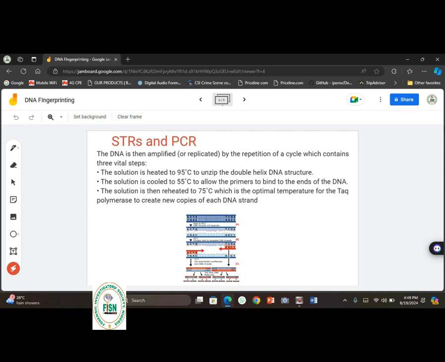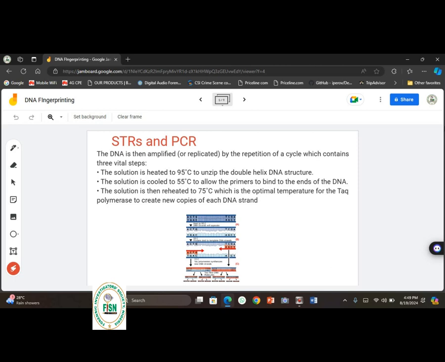So PCR was developed in the mid-1980s, and uses the same principle that cells use to replicate DNA to amplify the specified region, which is usually between 150 to 3,000 base pairs in length.